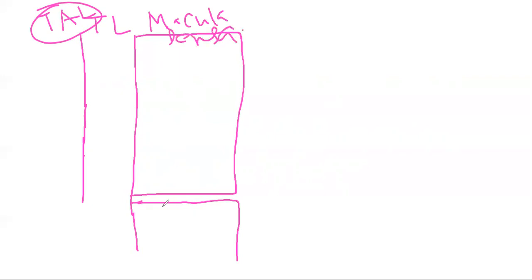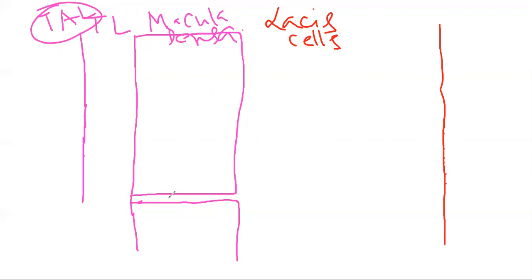Now, in between these, there is the lacis cell, which is also known as the extraglomerular mesangial cells. Then we have the afferent arteriole, and in the endothelial lining of the afferent arteriole, what do we have?